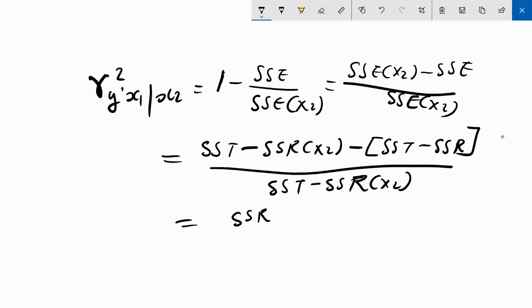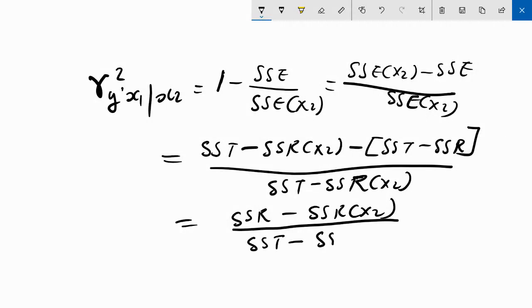It's SSR minus SSR of x2 divided by SST minus SSR of x2.